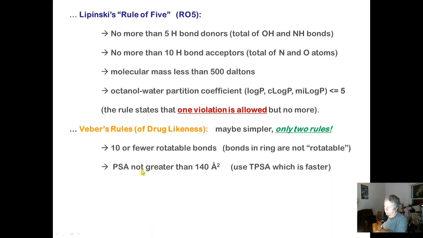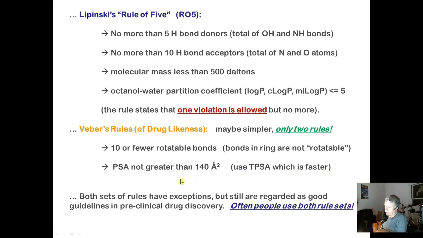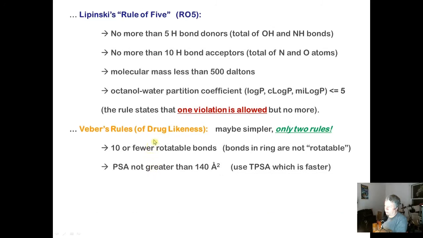The other rule, for the Weber rules and not Lipinski, says that PSA cannot be greater than 140 square angstroms. And usually we'll just use TPSA because we can calculate it very rapidly. There are only 2 rules for Weber, so we can't say one violation is allowed.